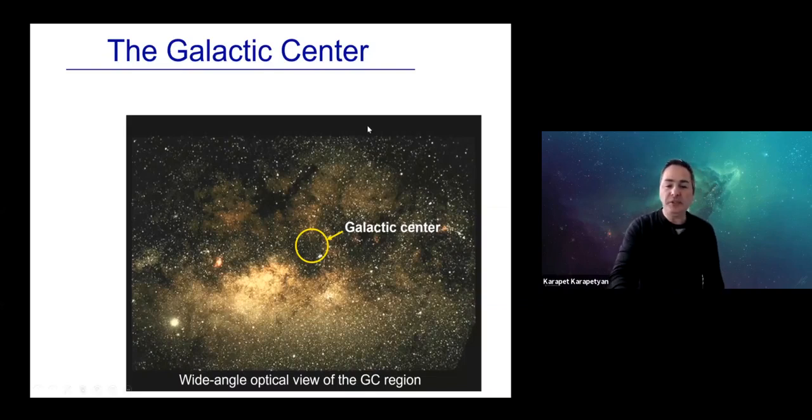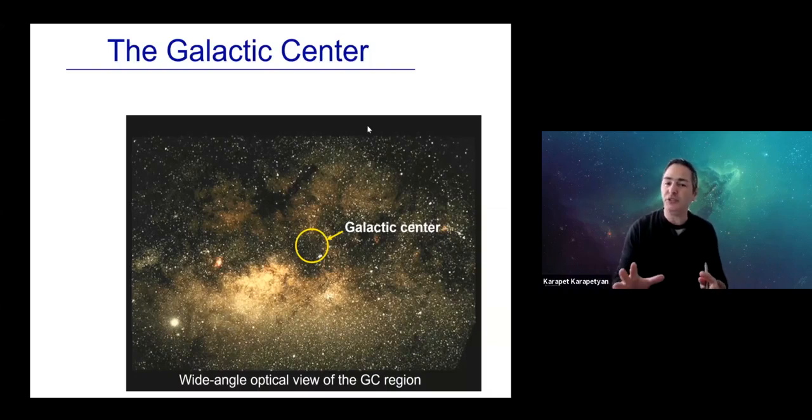We pretty much covered most of the stuff except the galactic center. The galactic center is by itself a very fascinating region of space. It's very difficult for us to see because in the optical spectrum it's almost entirely invisible to us.